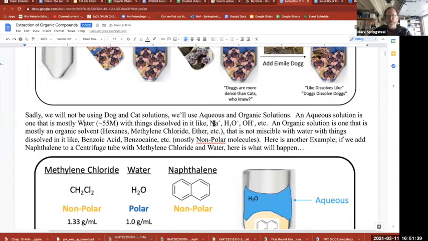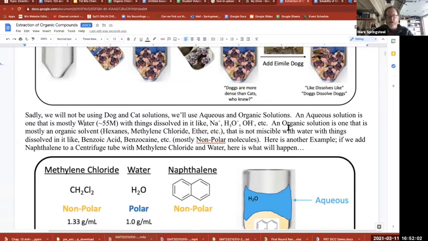And then we'll have things dissolved in the water, like sodium ions, hydronium, hydroxide. Our most common organic solvents would be hexanes, very nonpolar, methylene chloride, and ether, aka diethyl ether. They're not miscible in water. They'll form two layers, and you need that to do an extraction. You need an organic solvent that won't dissolve in water.